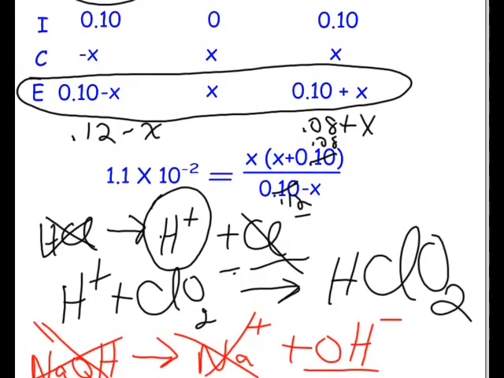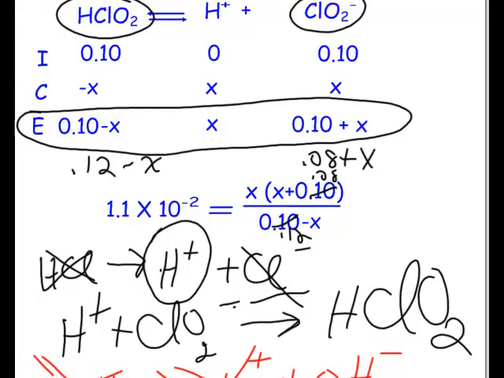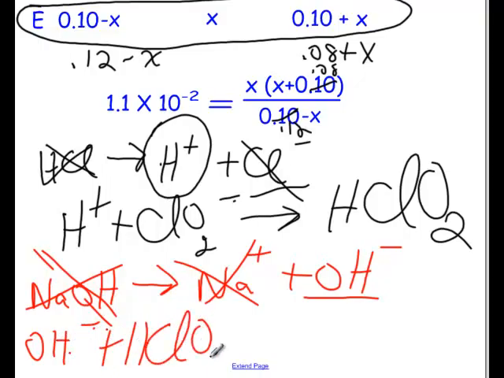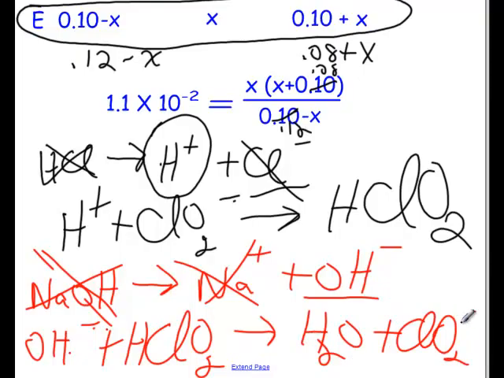Let's see. What should it react with? It's not really going to react with the H plus because I just don't have very much of it. It's going to actually react with my acid. So I'm going to have OH minus plus HClO2 making water plus ClO2 minus.